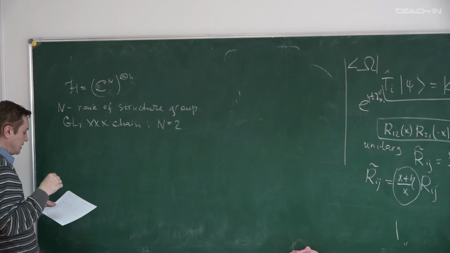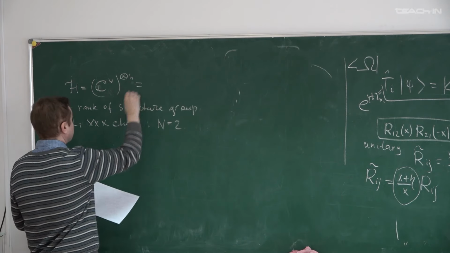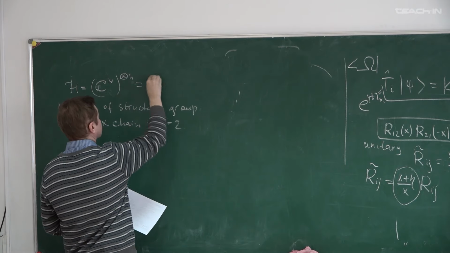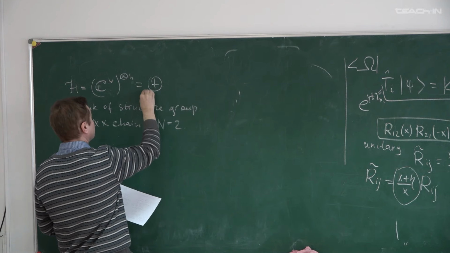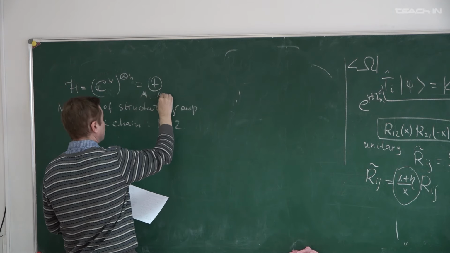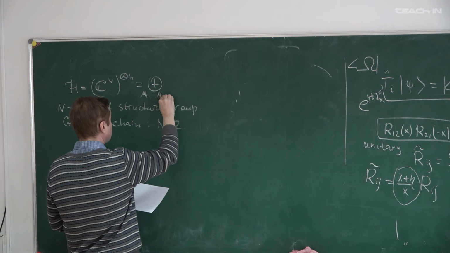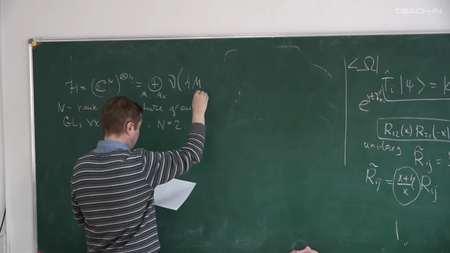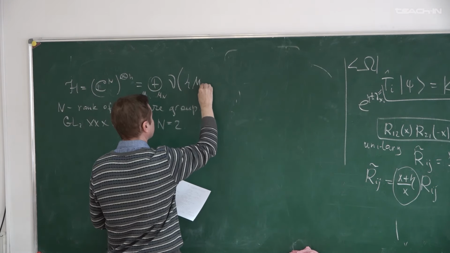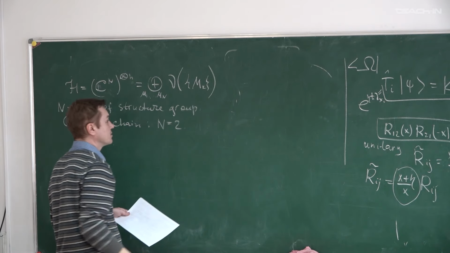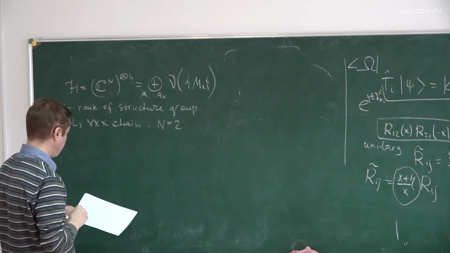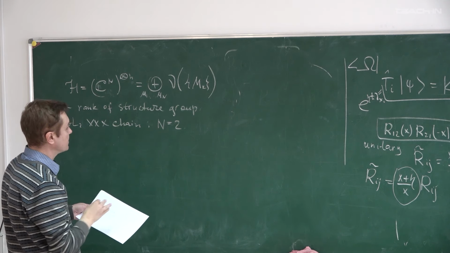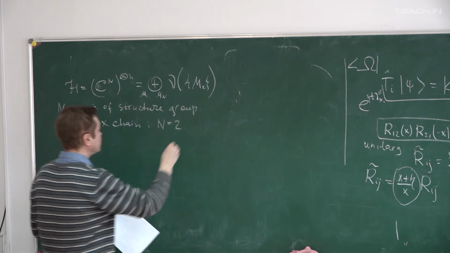Let us assume that this Hilbert space is decomposed into a direct sum of sectors with some fixed set of spins up and down. This is what we previously did, and I hope you may remember this. Now we fix this sector, and we choose some basis in this sector.